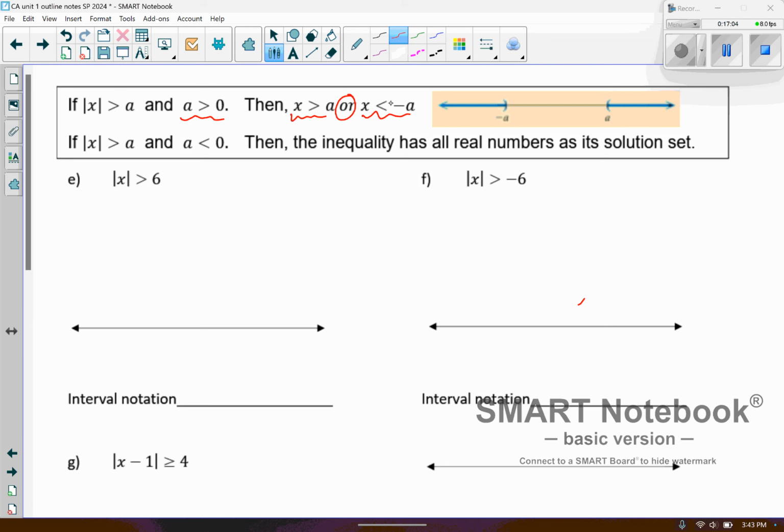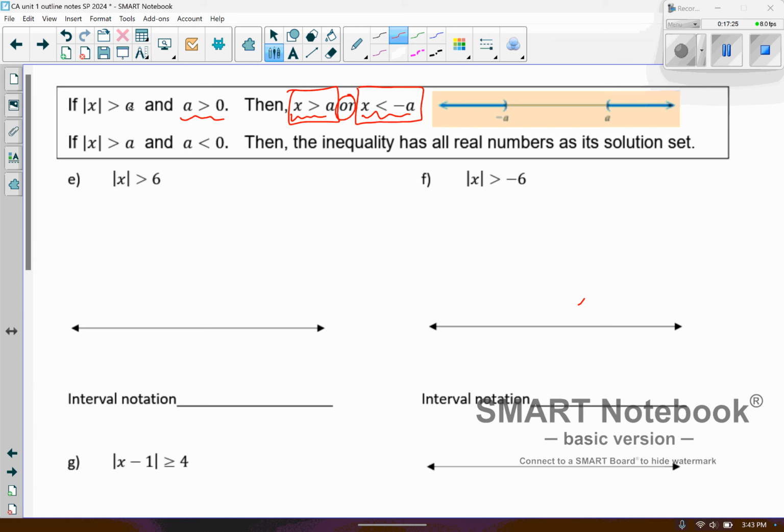So you're going to look at the statement that you have if you were to drop the absolute value, if you were just to drop the hash marks, look at that. And then also look at the opposite: flip the sign and then change the sign of whatever a is in this case.